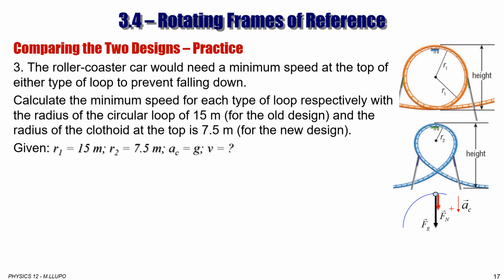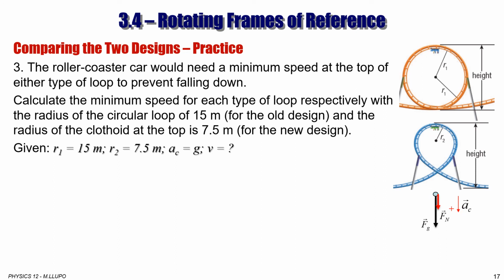So the car has to fly on its own and beat the gravity. Since the center of that loop is down, when you are at this point, the center is down. That's why centripetal acceleration is down, so that will be the positive direction.